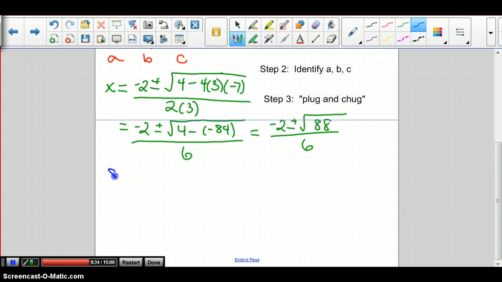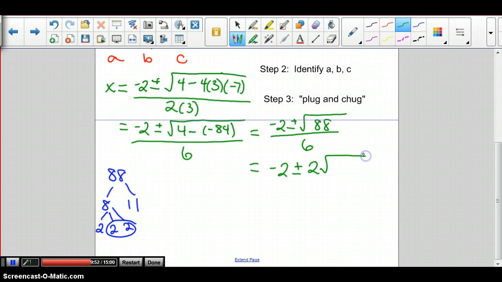We could use our factor tree. 88 we know is 8 and 11. Then we have 2 times 2 times 2. So we could pull out a 2 there. So let's go equals negative 2 plus or minus, we're going to pull out the 2 that we found from our factor tree. And what's left inside is 11 times 2, which is 22, all over 6.